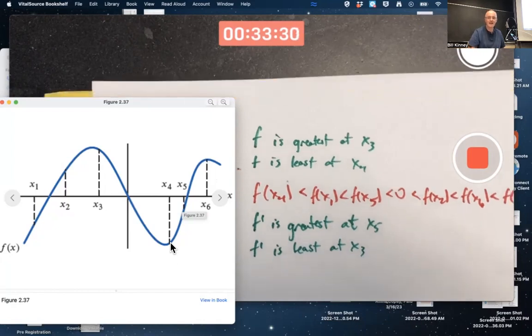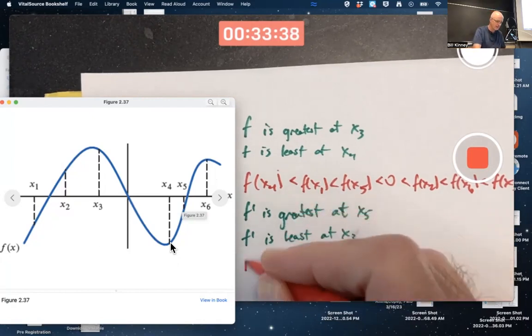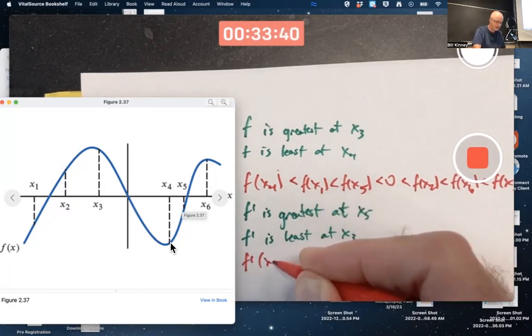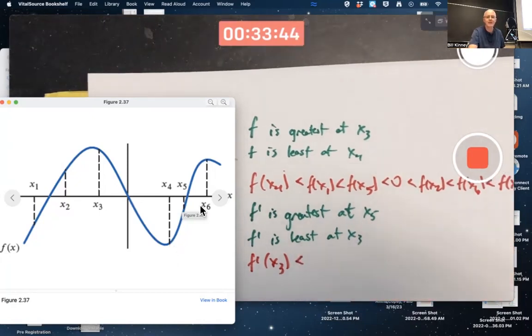And so I would also add, if you were asked to identify the derivative values in order from least to greatest and identify where 0 fits in there, I would write f prime of x3 is less than, again, f prime of x6. The slope of the tangent looks close to 0 there.